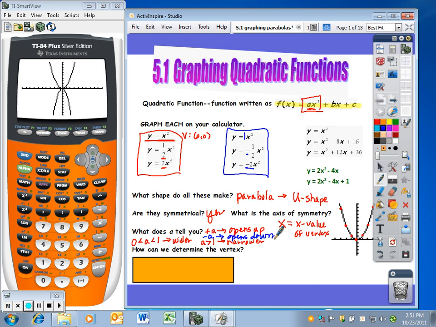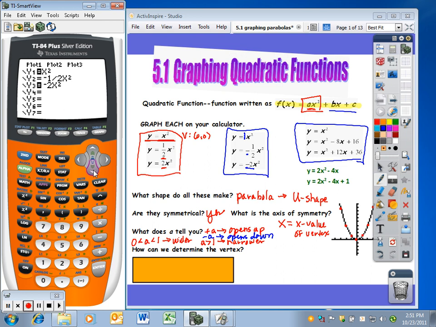Now let's investigate by adding in a bx and a c term. So we're going to look at these three. Again, I have my regular parent function of x squared. And then I have x squared minus 8x plus 16.